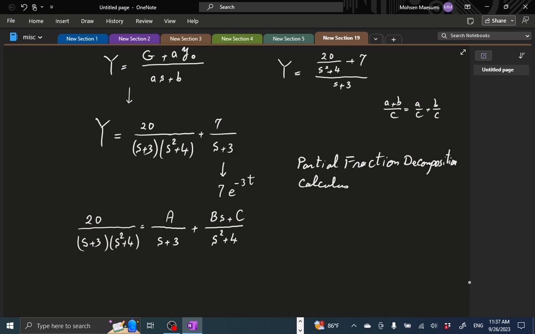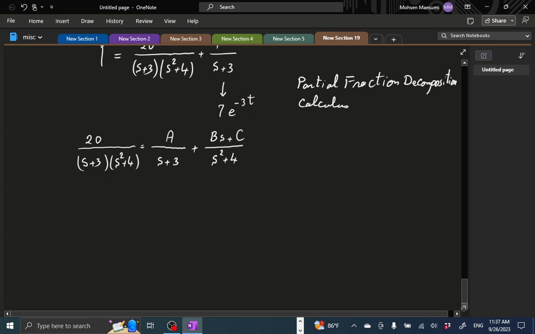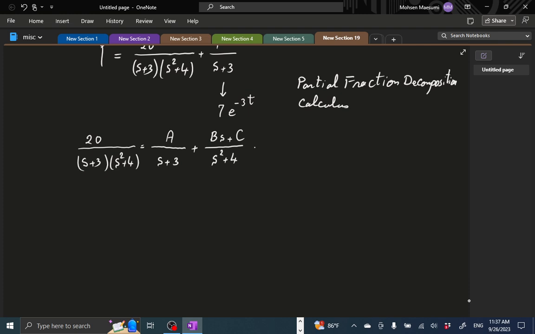Now what is next? What is next is to find A, B, and C. That's going to require a little bit of algebra, a little bit of basic linear algebra, and I have included some software apps you might use to simplify your task in this regard. So what do we do?